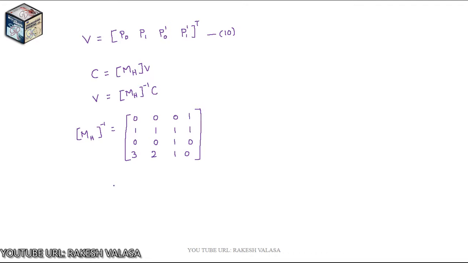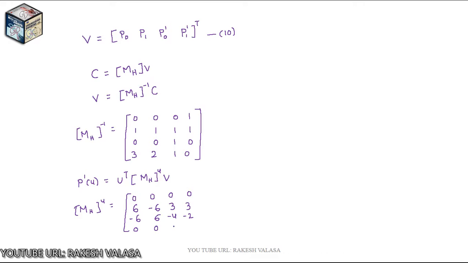Similarly, equation 7 can be written as P dash of U equal to U transpose MH power U into V. Here MH power U is given by 0 0 0 0, 6 minus 6 3 3, minus 6 6 minus 4 minus 2, 0 0 1 0.